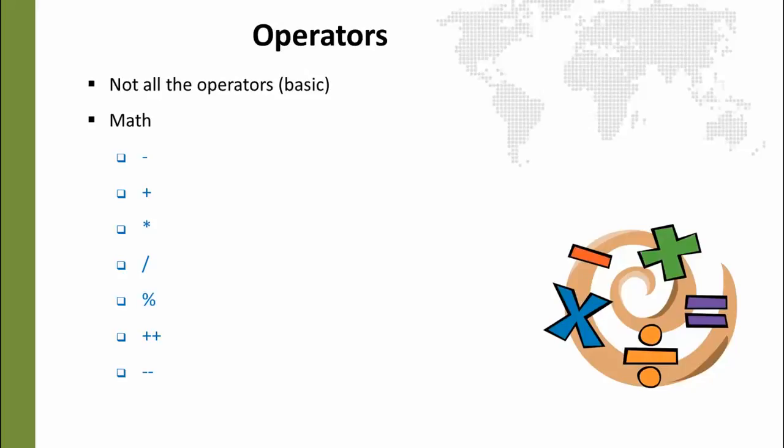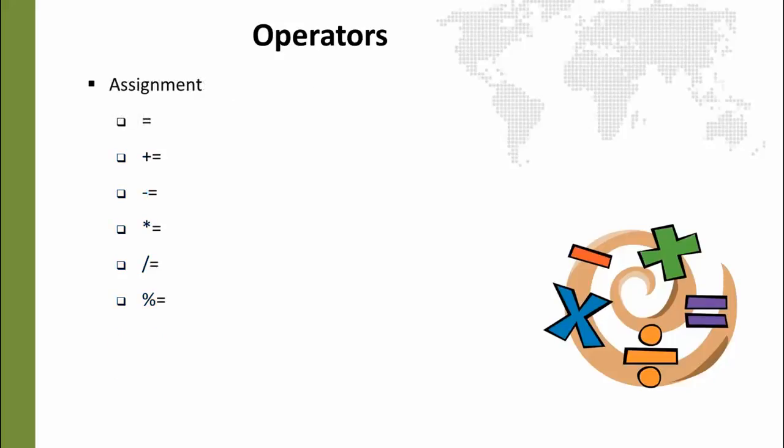And if you did minus minus, it will be equal to 0. So it's basically a shorthand way of assigning that variable whatever it was, plus another, or whatever it was, minus another. And there is a version of this where you can do this before or after a variable. We are not going to get into the specifics of that right now, but just know you have that ability.